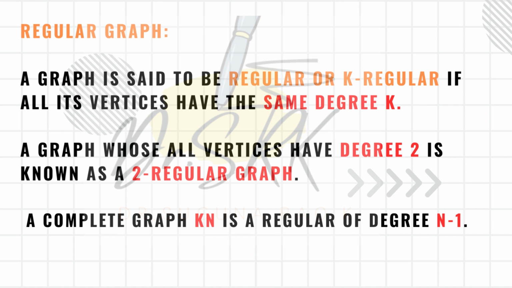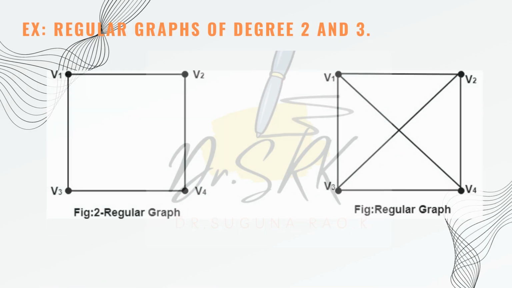Here, the important note in regular graph: a complete graph Kn is regular of degree n minus 1.